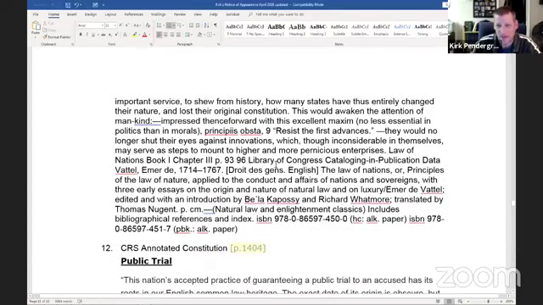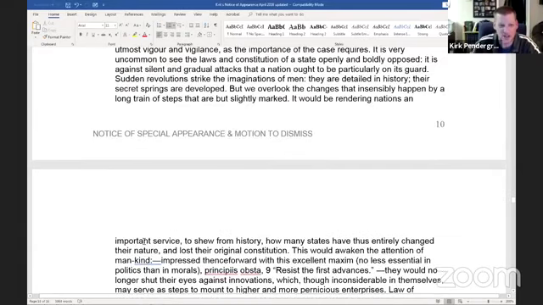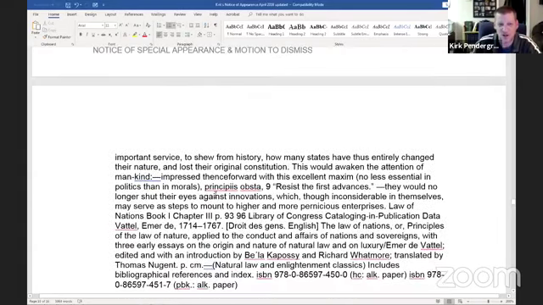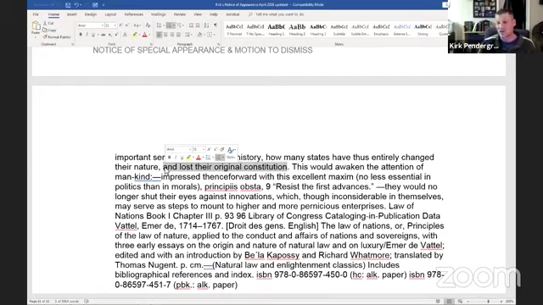It would be rendering nations an important service to show from history how many states have thus entirely changed their nature and lost their original constitution. I can guarantee you right now, which is what I'm trying to get John to do, and he's doing now, is going down to his state archives and digging up the original act of the territory, Tennessee.